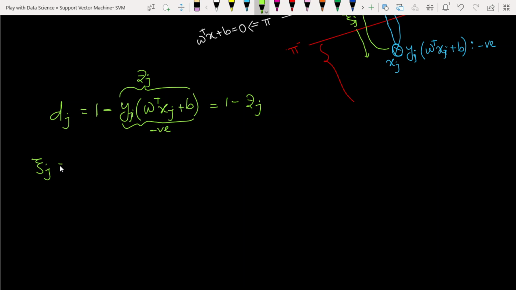So if you write down zeta, it is equal to the distance for xj to the correct hyperplane, to the plane pi plus, which is our actual correct hyperplane for our positive points.